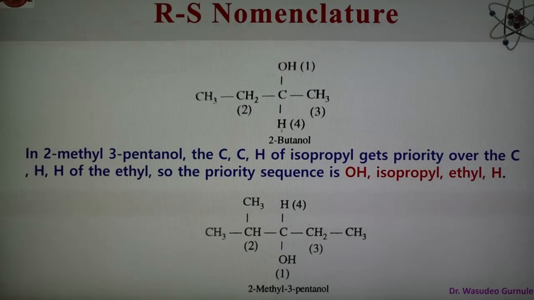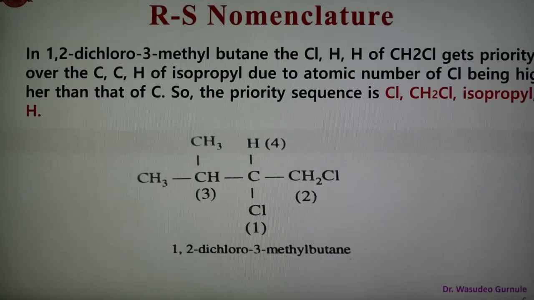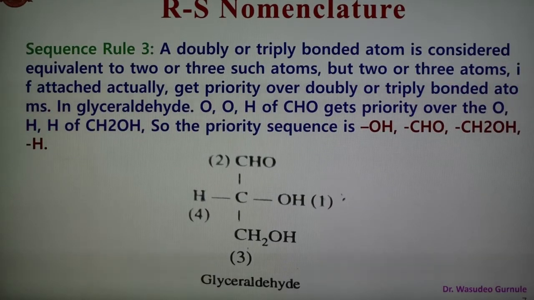In 2-butanol, oxygen is number 1, and 2 carbons are there, so how can we determine? Already we have discussed. Sequence rule number 3: a doubly or triply bonded atom is considered equivalent to 2 or 3 such atoms, but 2 or 3 atoms actually attached get priority over doubly or triply bonded atoms, and an example is glycerol.